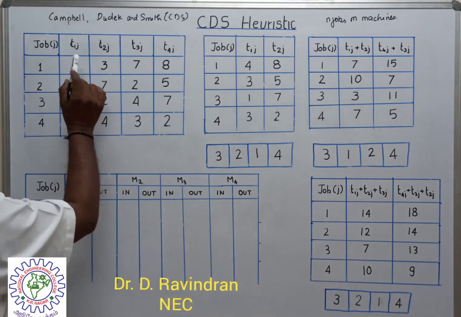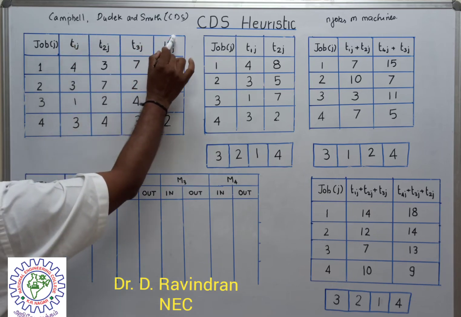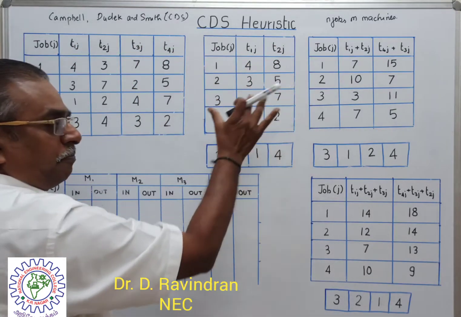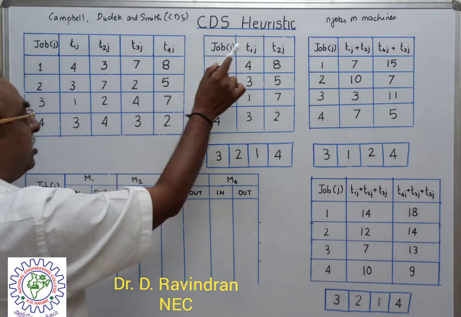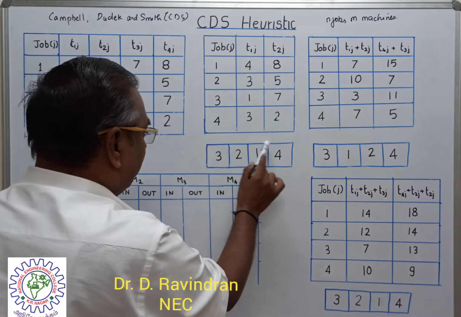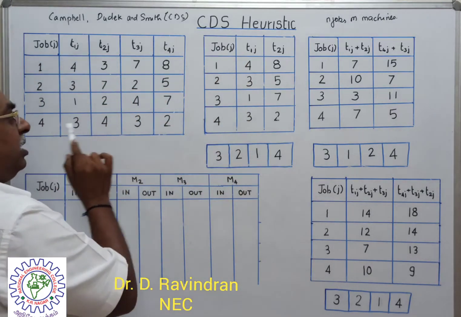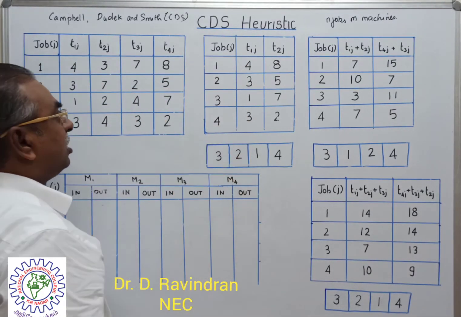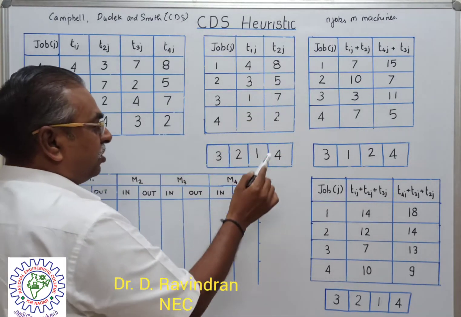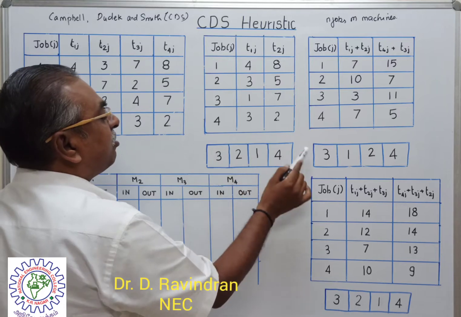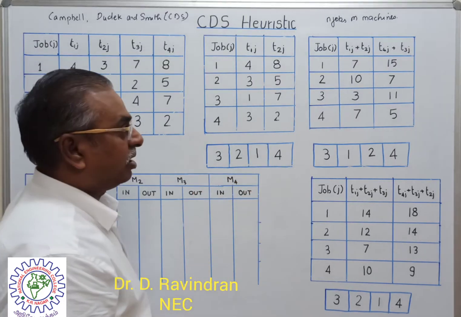That means in the first table, the first machine and the last machine are considered separately, and then we find the sequence. The processing times of the first machine are 4, 3, 1, 3, and of the last machine are 8, 5, 7, 2. Based on this, the sequence created using Johnson's algorithm is 3, 2, 1, 4.